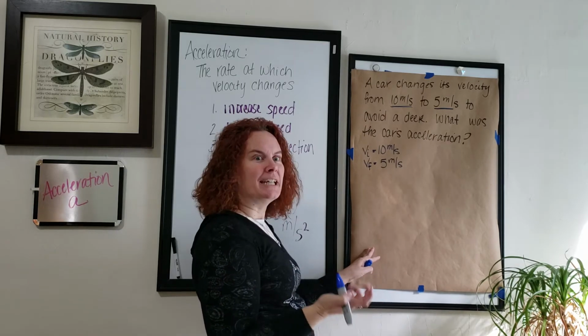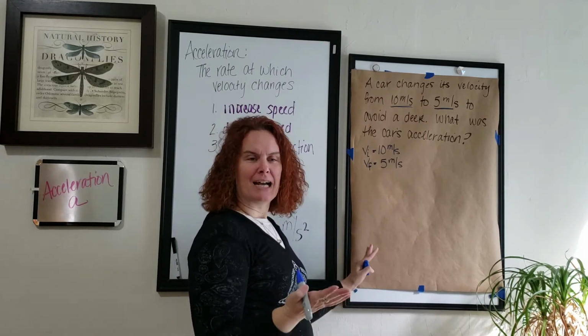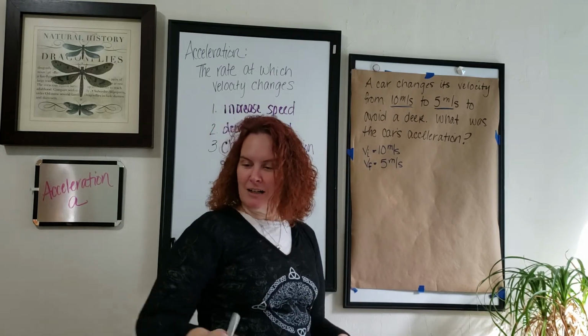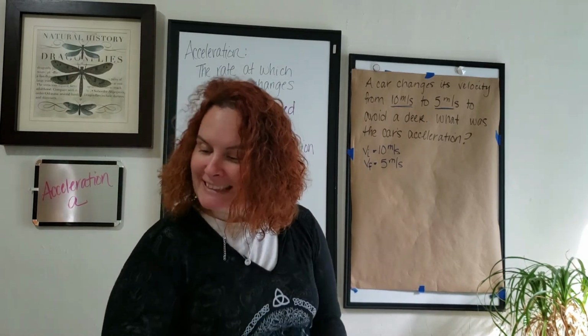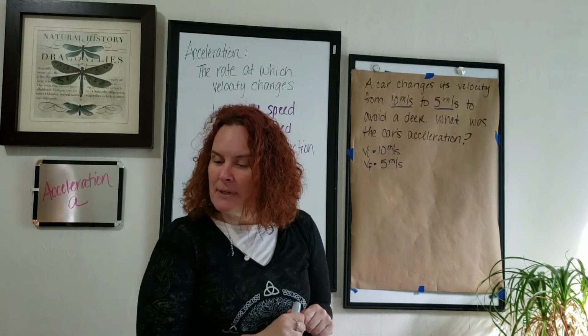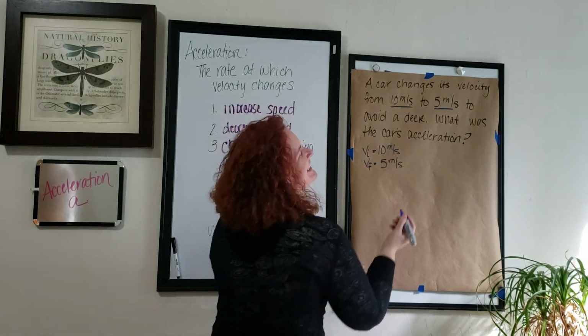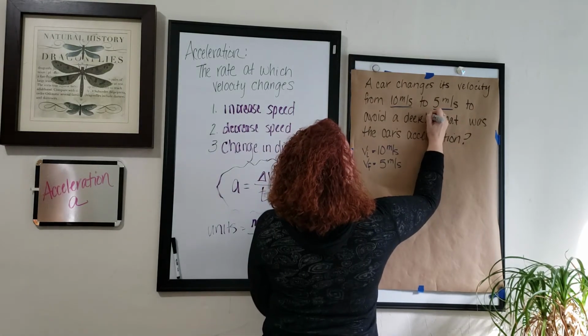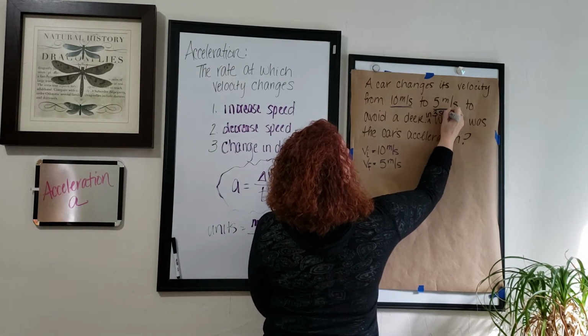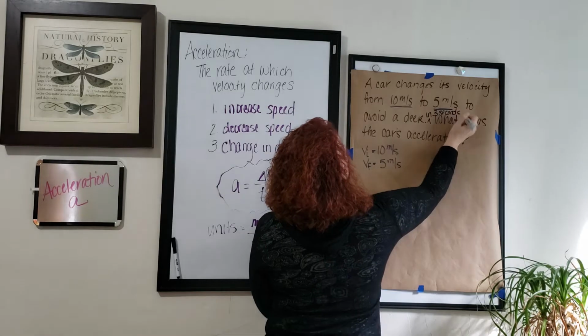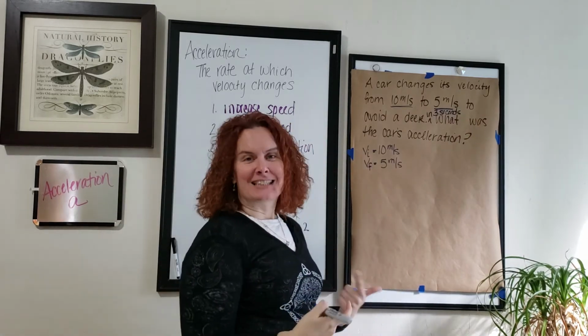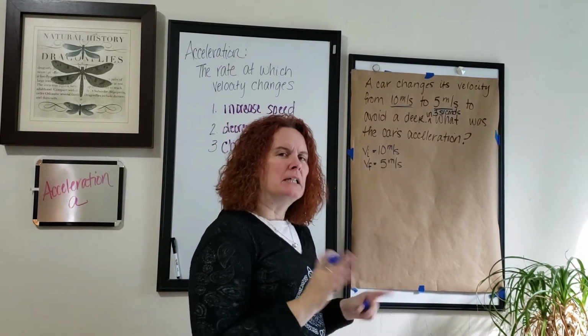Oh, I forgot to put it in here. We can't really do this problem. I skipped a piece. Initially, when I wrote it down, whoops, it's that it does this in 3 seconds. If you actually got that on a test that I was giving you, that would have been for real.